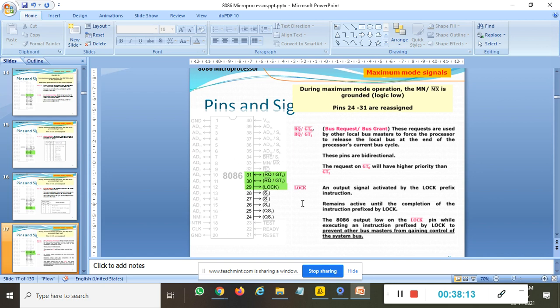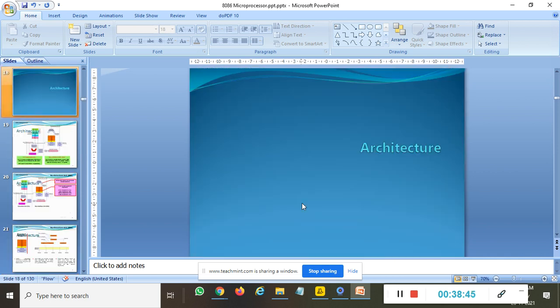It cannot use the system buses for the purpose of lock. So these are the minimum mode and maximum mode signals of 8086.